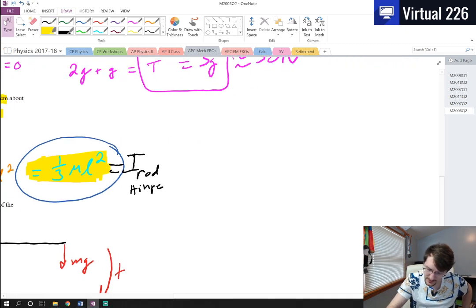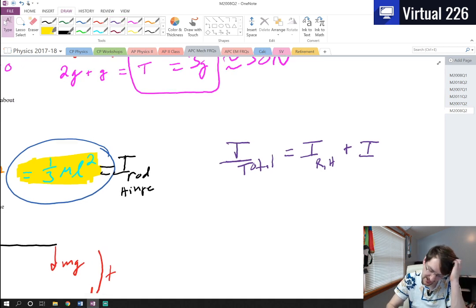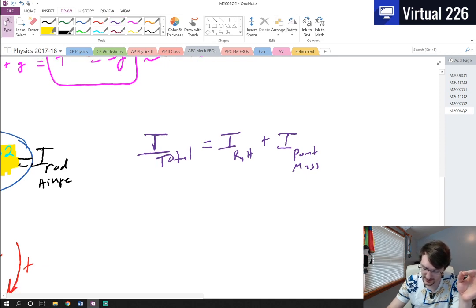If you want to find the total moment of inertia, you have to take the rod at the hinge and you have to add to it the moment of inertia of the point mass sitting out at the end, which is the small mass we're putting onto the outside.